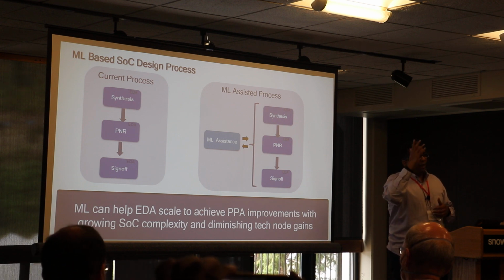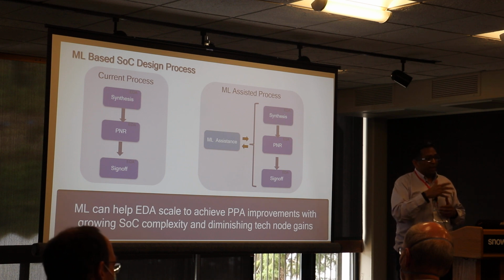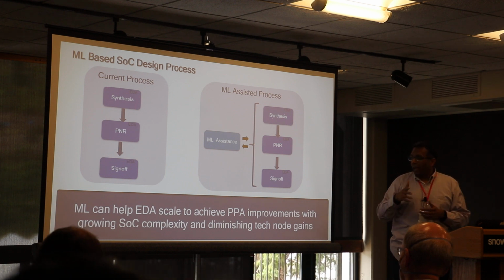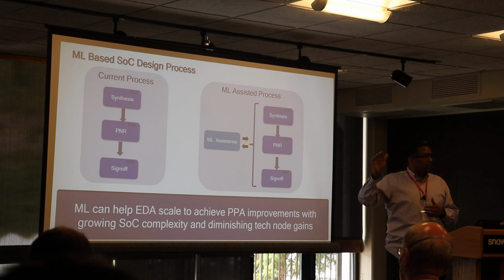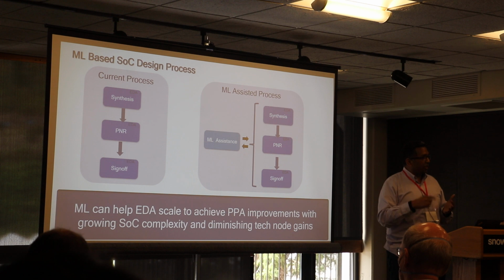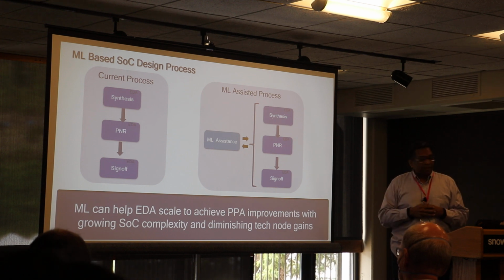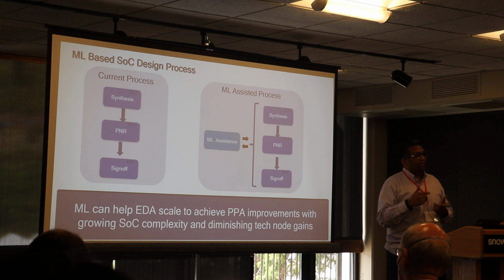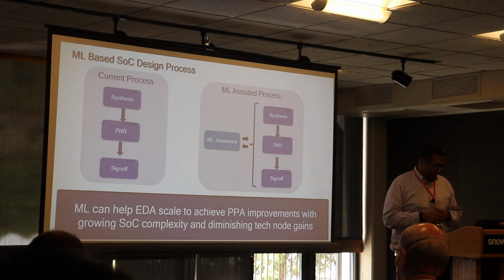So we are trying to address challenges in each of these steps, and we are trying to augment with ML for all of these steps. Our challenges are in macro placement, in place and route, in DRC closure, and IR drop prediction. These are the challenges that we are trying to address.